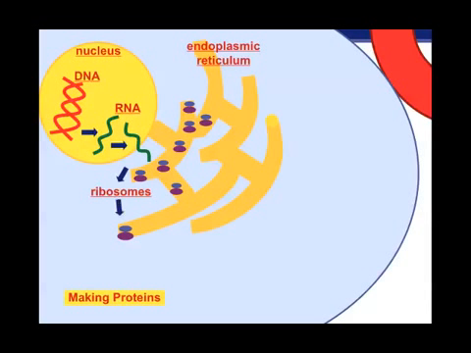So these ribosomes and the RNA, which just attached itself to a ribosome, is being read. The code, or the directions, or the book of directions came from the RNA.